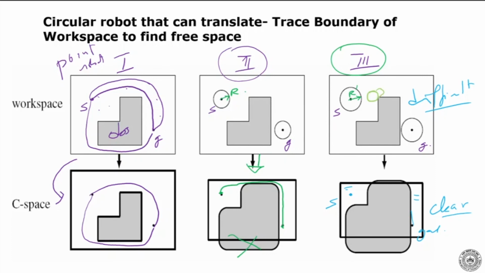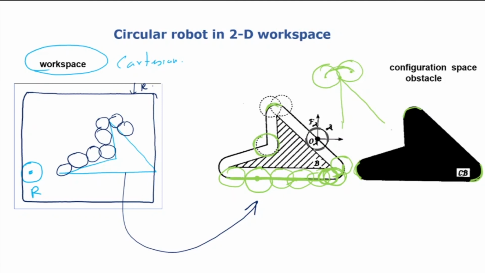On this point or here, the contact point is still the same, but the CGs are different, right? Because it's an arc there. So in both positions, position 1 and position 2, the two extreme cases, the contact point is still the same point. It's like the circle is rotating about that point. Now this is how we make the C space obstacle.